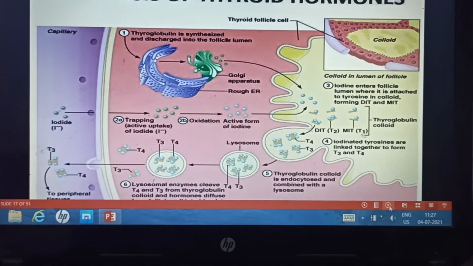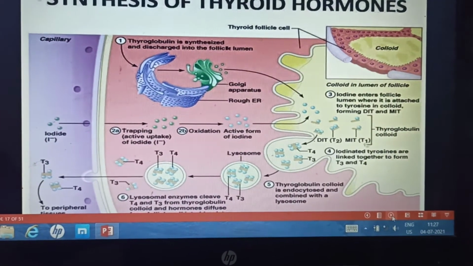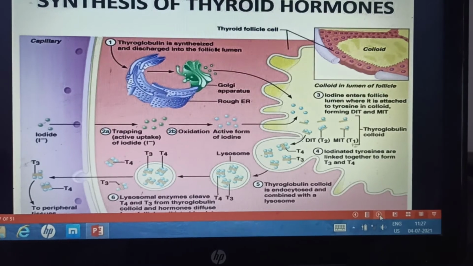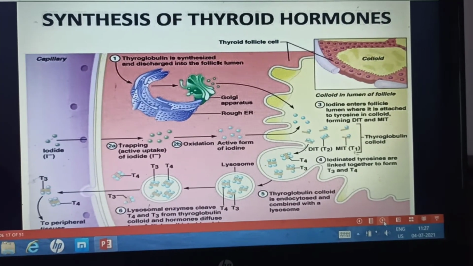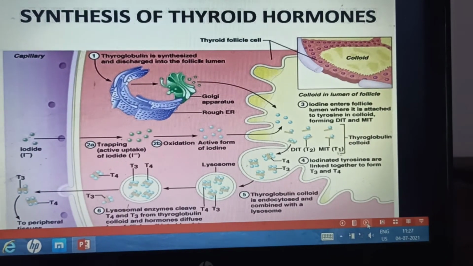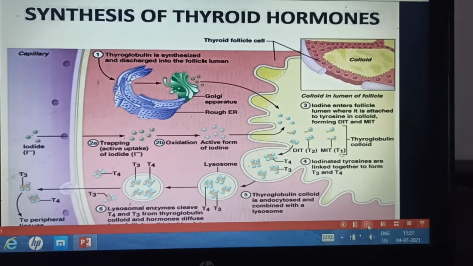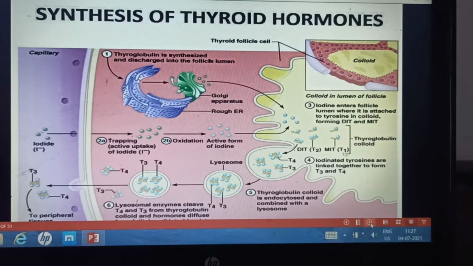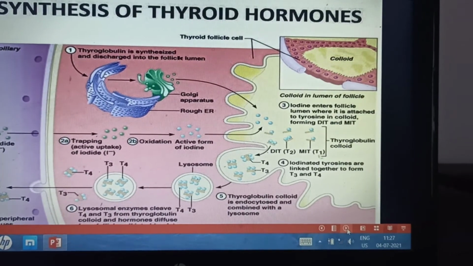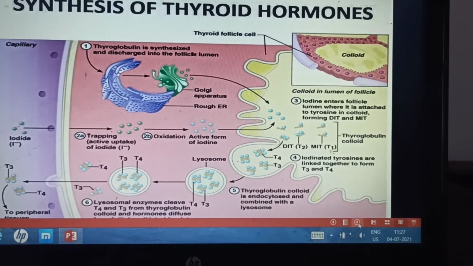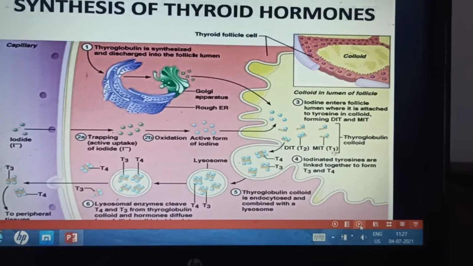This peripheral conversion of T4 to T3 by the deiodinase enzyme takes place in the liver and in the kidney. T3 is the active form of the hormone, while T4 is the prohormone, and T3 acts on the various target tissues.